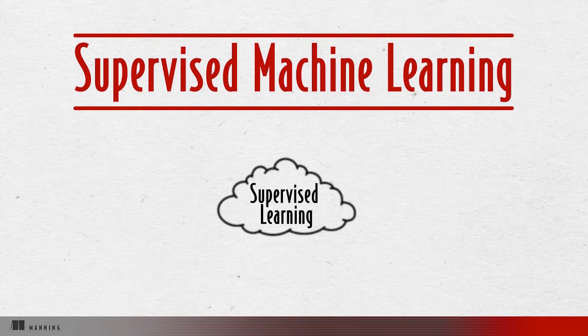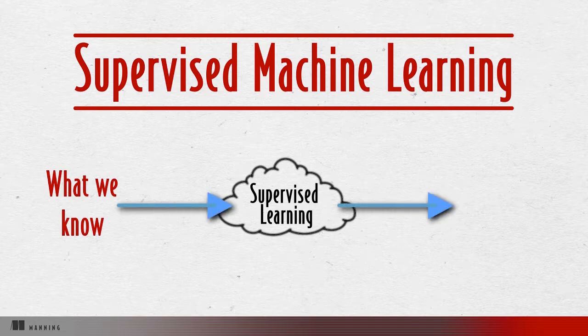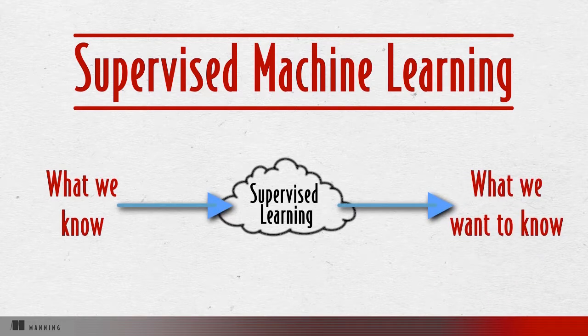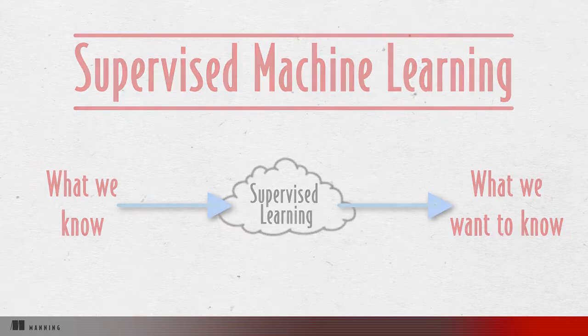Supervised machine learning is the bread and butter of applied artificial intelligence, also known as narrow AI. It is useful for taking what we do know as input and quickly transforming it into what we want to know. This allows supervised machine learning algorithms to extend human intelligence and capabilities in a seemingly endless number of ways.